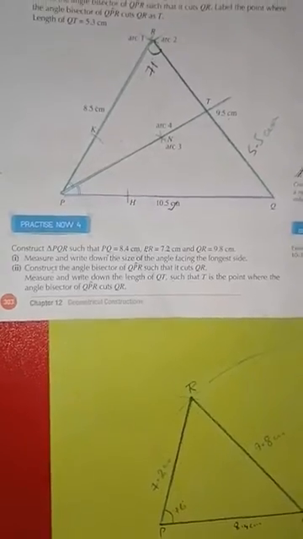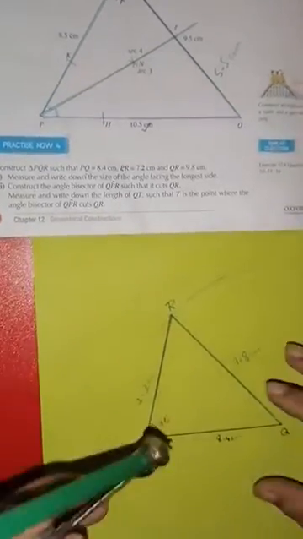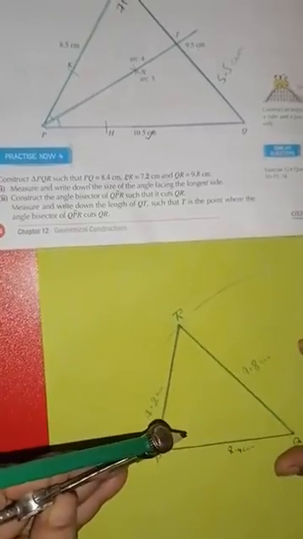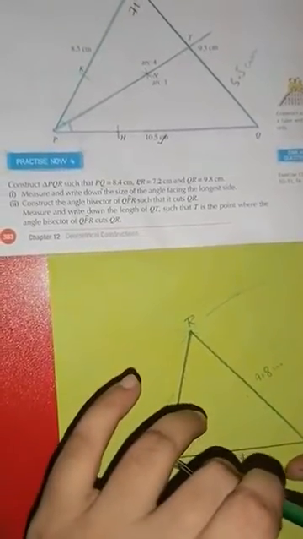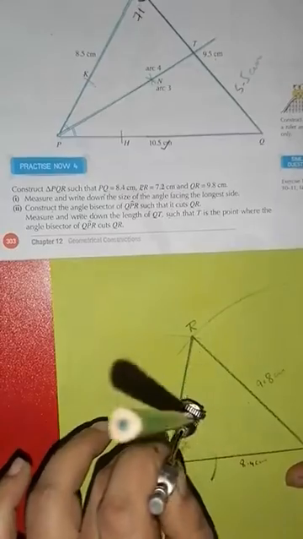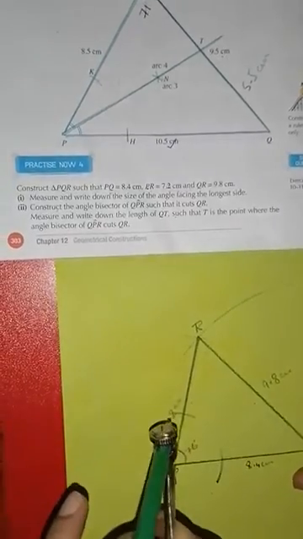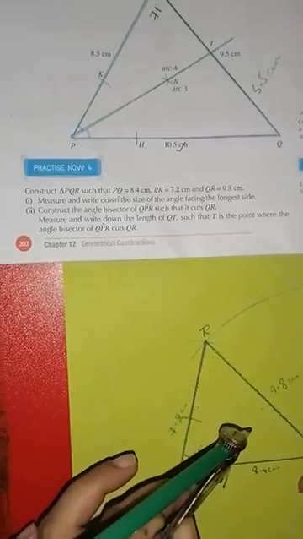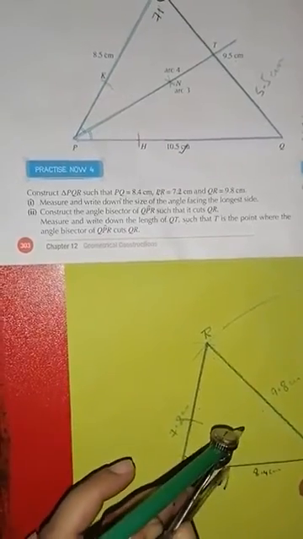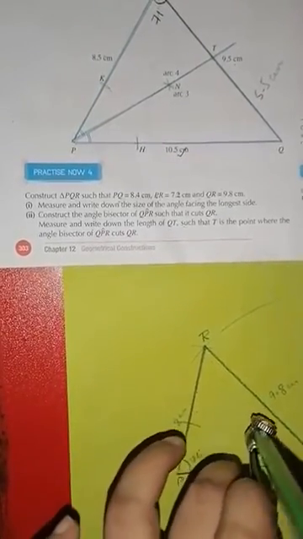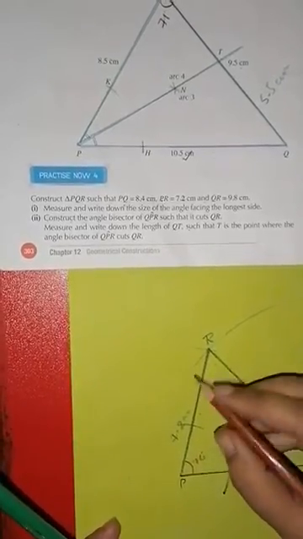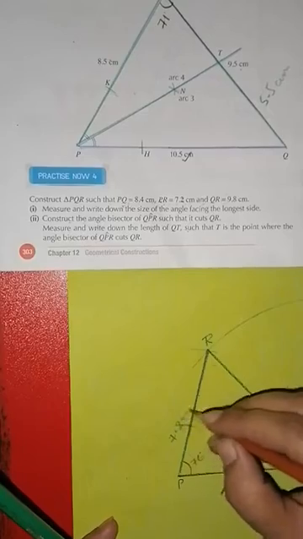So open your compass of suitable radius and with the center P, put the arc on both the arms of the angle.